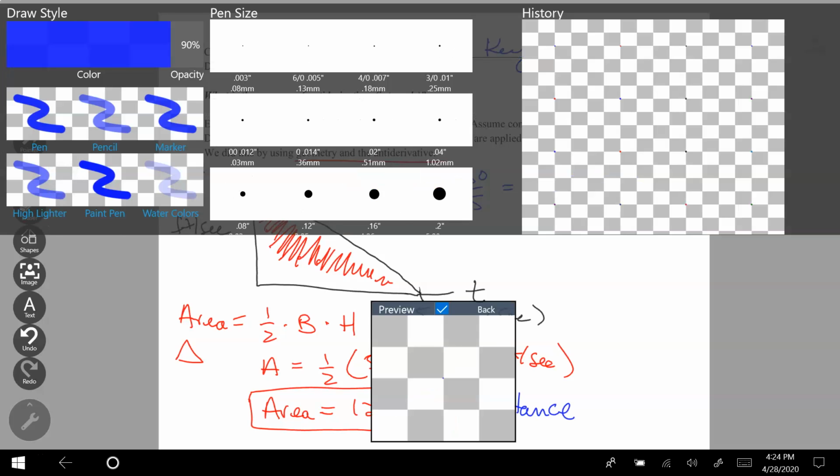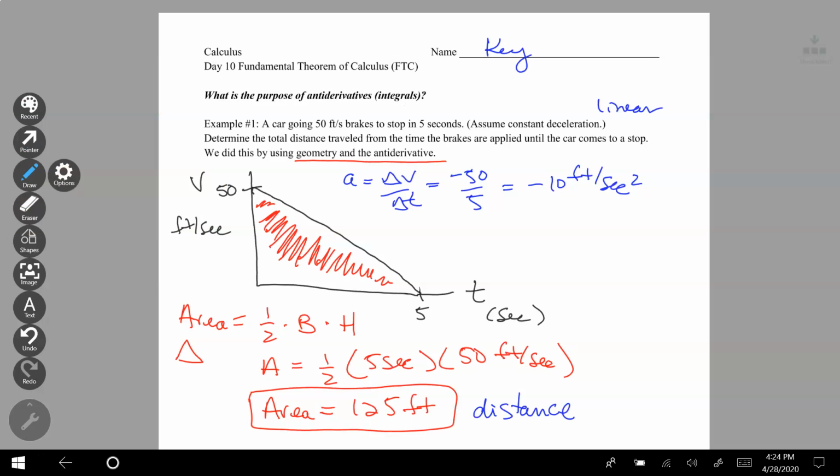That helps me figure out the equation of this line: instead of y, I'm going to use v equals, its slope is negative 10, instead of x, I'm going to use t, and the y-intercept is plus 50. This is the equation of that diagonal line.